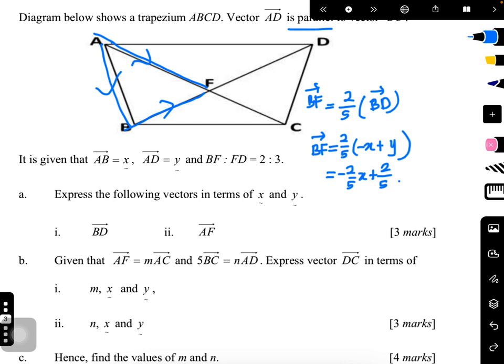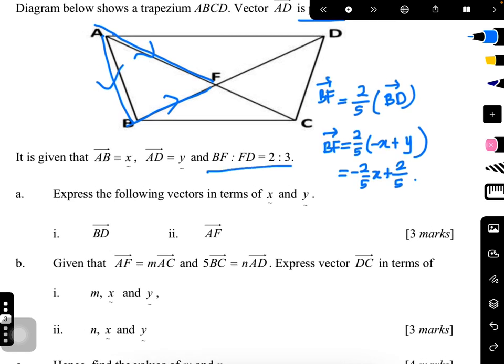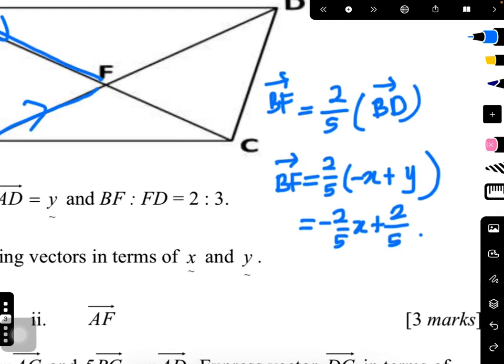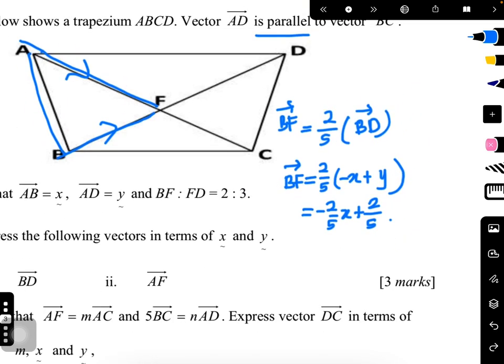Okay, how can we find BF? It's clearly stated here that the BF ratio to FD equals 2 ratio 3. How can we find BF? BF is 2 over 5 of BD. What is BD?